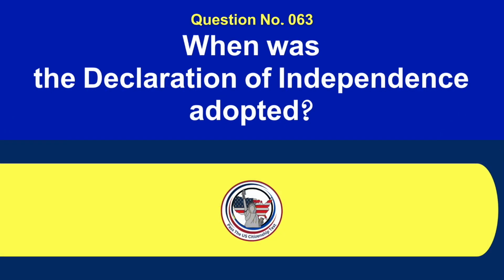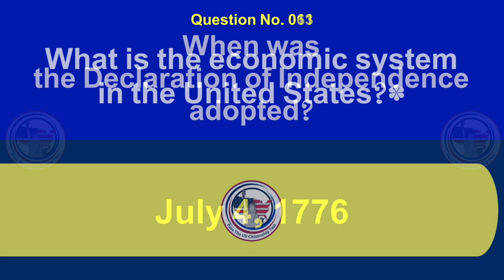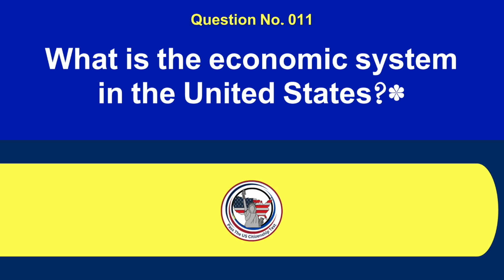When was the Declaration of Independence adopted? July 4, 1776. What is the economic system in the United States?